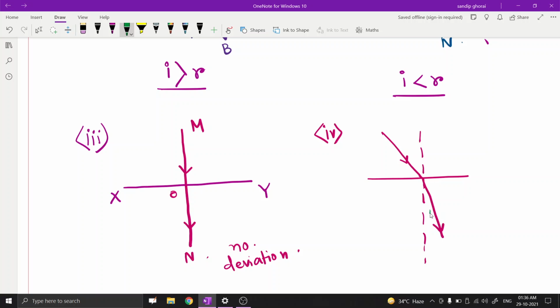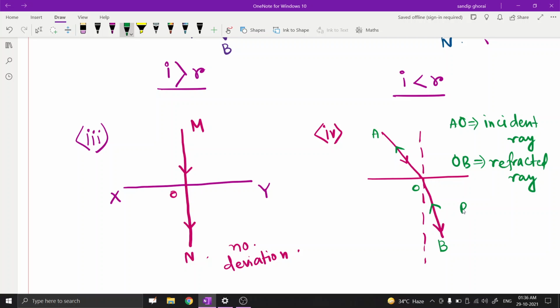If we take AO as the incident ray then we get OB as the refracted ray, and also if we take BO as incident then we get OA as the refracted ray.